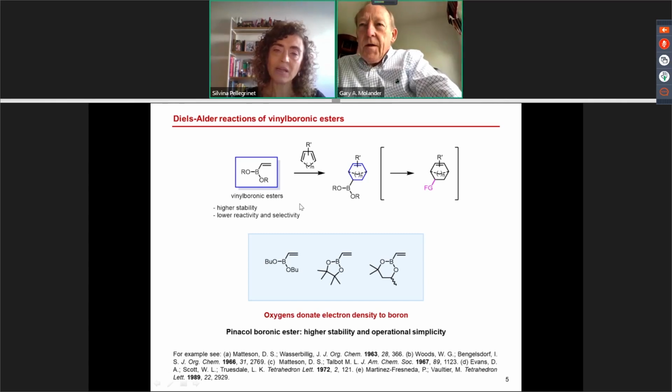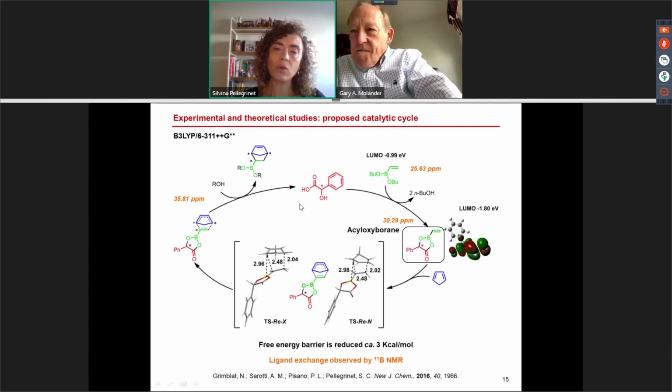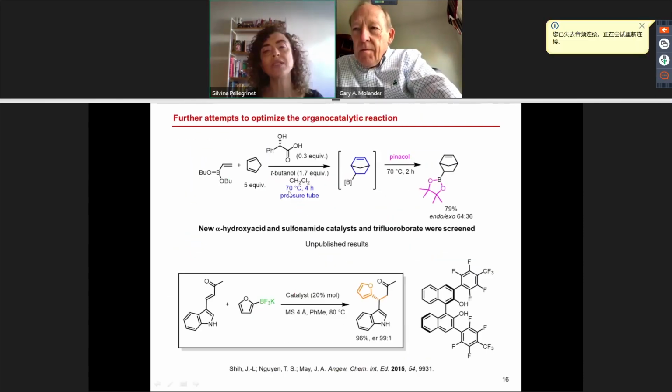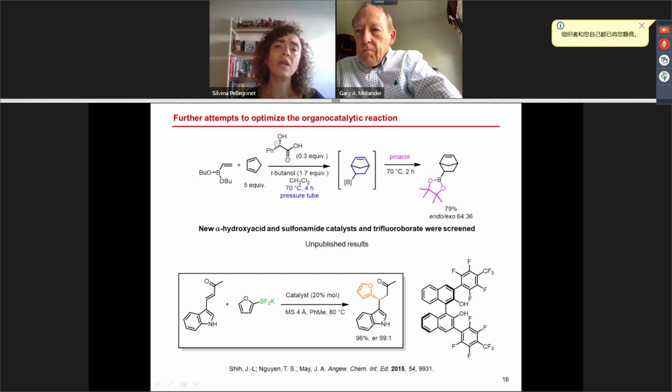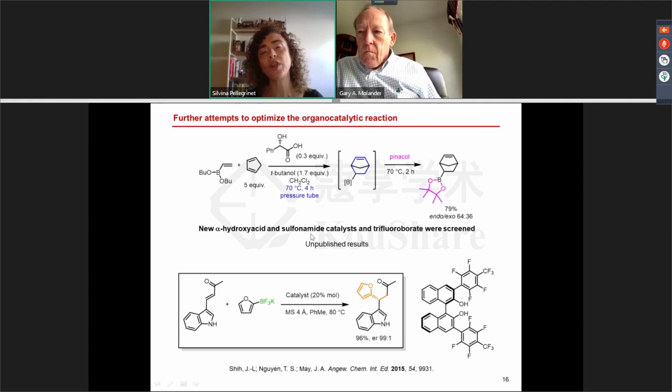But I didn't mention that either when I said that we kept trying optimizing this. At the alpha carbon, and then also use sulfonamides, but they didn't work very well.